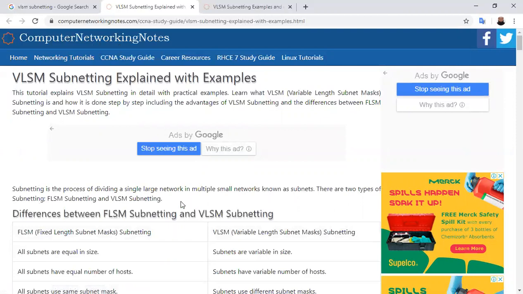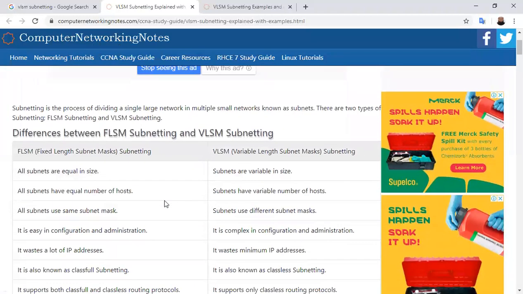Okay, from the very beginning, I'm going to describe the difference between fixed length subnet mask and variable length subnet mask. What we have done in our previous classes, like class C, class A, all the subnetting was fixed length subnet mask.